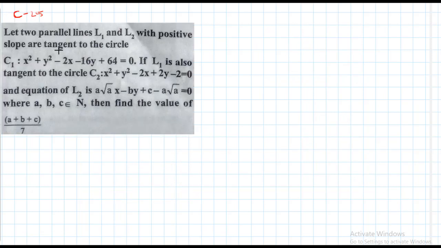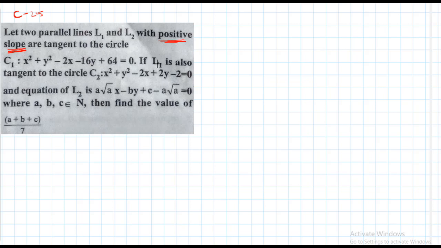Okay students, our next question, C25. Let two parallel lines L1, L2 with positive slopes, important, with positive slopes, are tangent to the circle C1. Okay, means these two are the two tangents drawn through the extremities of the diameter of the circle C1.